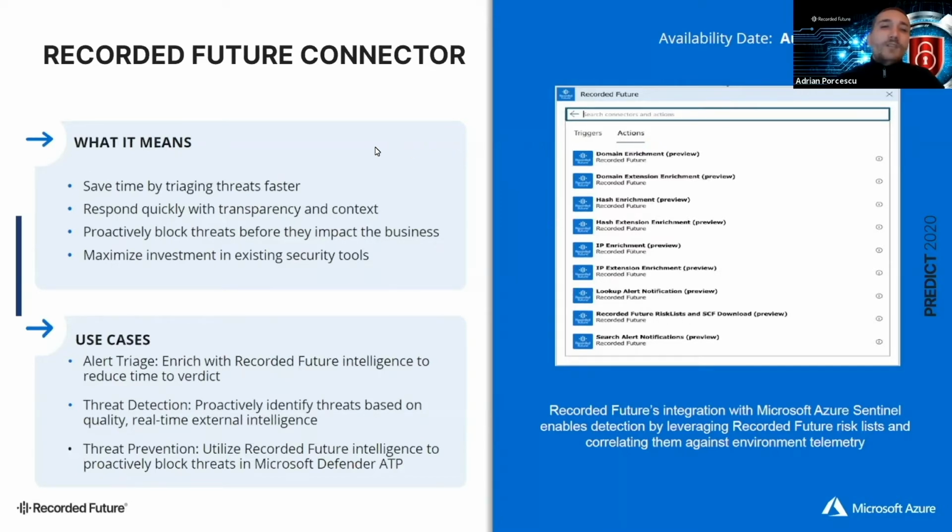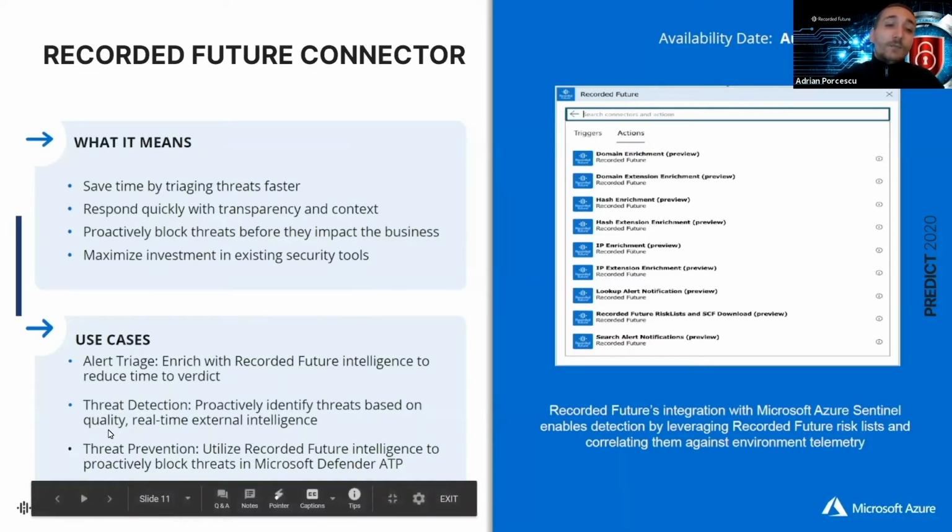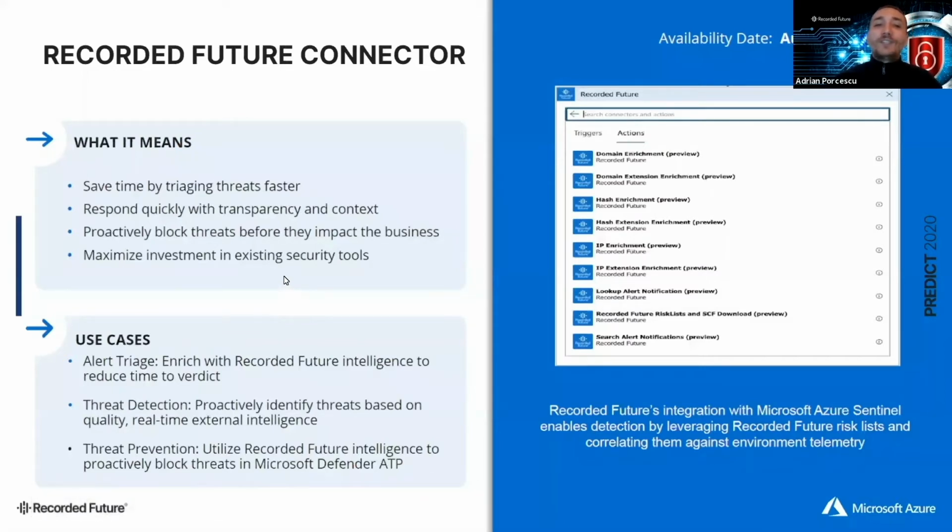And really what it means right now is that we are going to bring Recorded Future Intelligence so we can help our customers perform threat detection, threat prevention, and alert triage, making sure that in that exercise, threat intelligence is enhancing not only the capabilities, but also the operational aspects themselves. So we are looking at saving time.